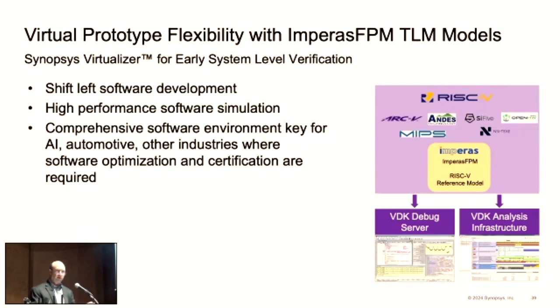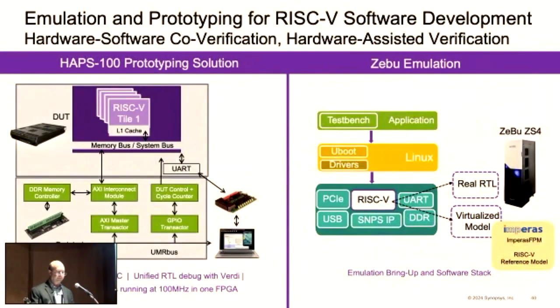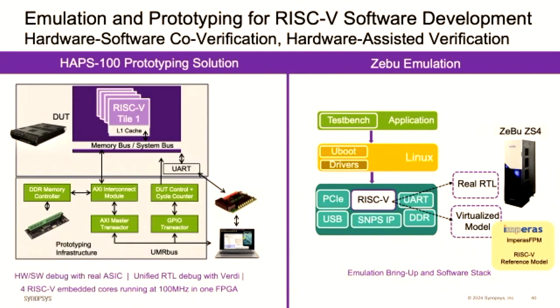The virtual prototype is going to run at hundreds of millions of instructions per second, but it is just a C model. It is not the RTL. With Synopsys, we also have emulation and prototyping tools for RISC-V software development. These are going to use the RTL, so they will be a little bit later in the project than the virtual prototype and run a little bit slower, but it is RTL, and that has significant advantages.